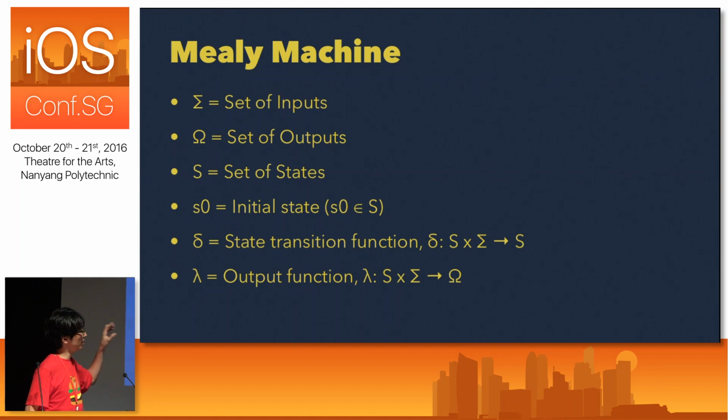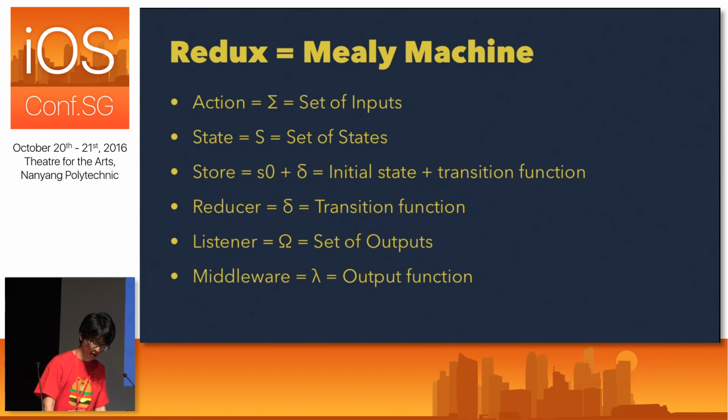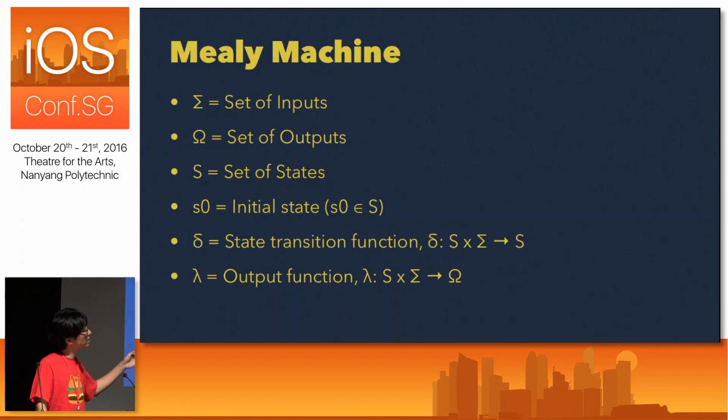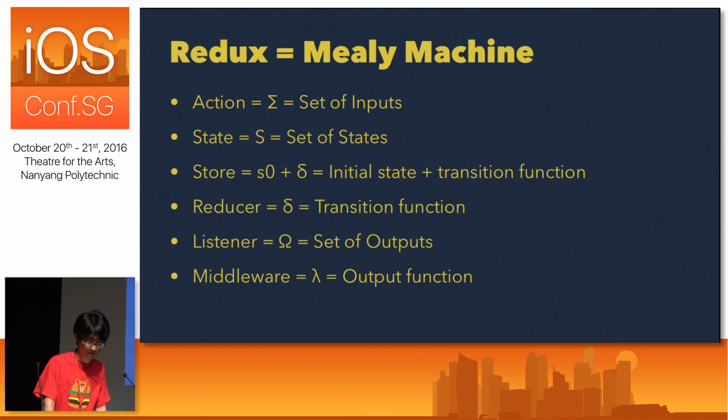This means you receive the current state and input, and it generates a new state. Lambda is the output function that takes the current state and input, and generates an output. If these 6 symbols are all set, we can call it a Mealy machine.